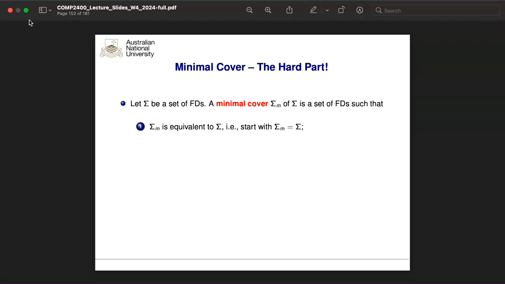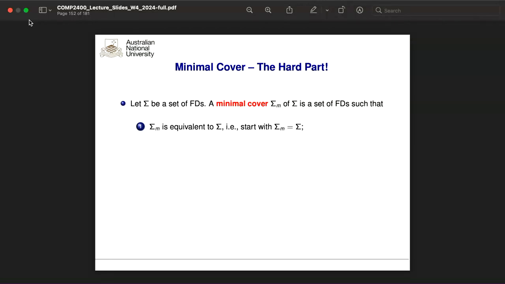It could also mean that in some functional dependencies, for example X determines A, we can remove some attributes from X but still have the exact same semantics. So when we have a set of functional dependencies, we don't know whether we have some redundancies in them.